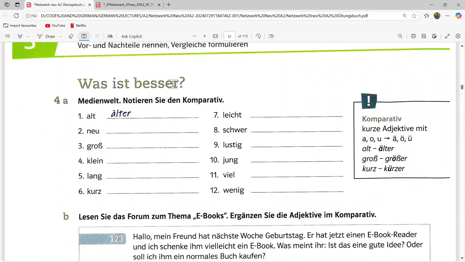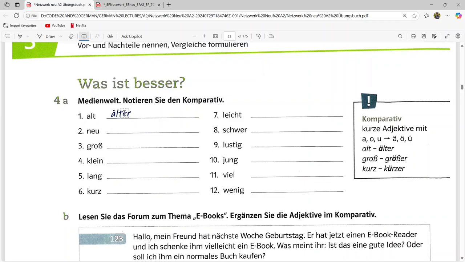Was ist besser? So what is better? Media world. Notieren Sie den Komparativ. So note down the comparatives. Comparatives are very easy. So alt, älter.